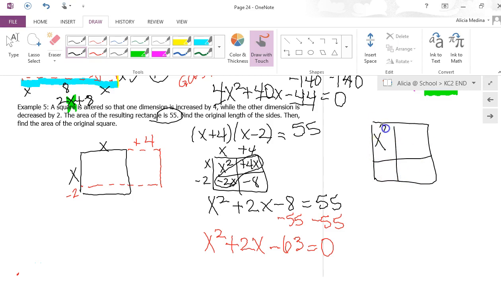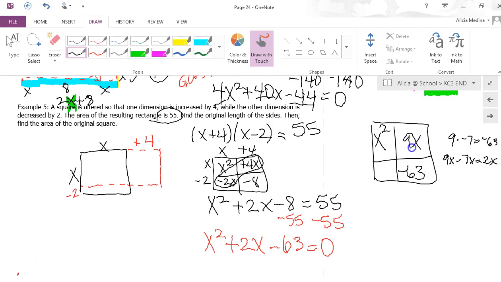I'm going to go ahead and factor that now using my Punnett square box. Top left is going to be x squared. Bottom right is a negative 63. So numbers that multiply to negative 63 but add to a positive 2 are going to be 9 and 7. Right? 9 times a negative 7 is a negative 63. And if I were to add these two together, I would get a positive 2x.